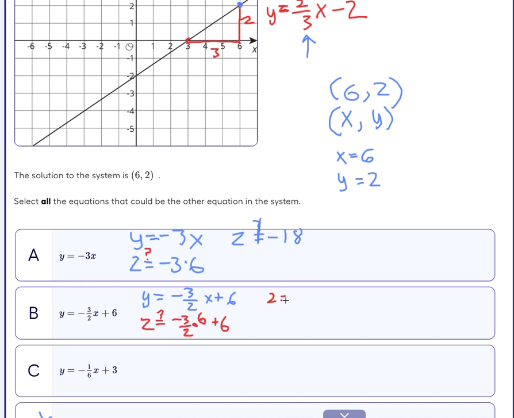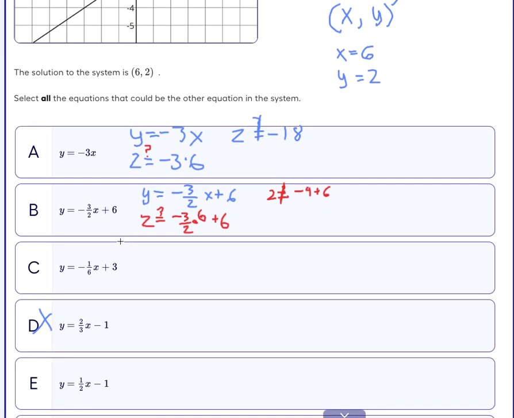Okay, so is 2 equal to 6 divided by 2 is 3 times -3 is -9 plus 6? Well, -9 plus 6 is -3, so -3 is not equal to 2, so we can cross that out. Nope, it's not going to work.